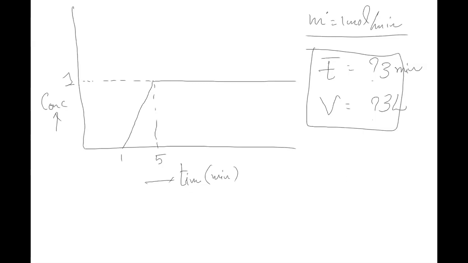So what is T bar? How do you write T bar? 1 by C max, integral 0 to C max of T into dC. What is C max? 1. Now T bar is the integral from 0 to 1 of T into dC. This is what T bar is.